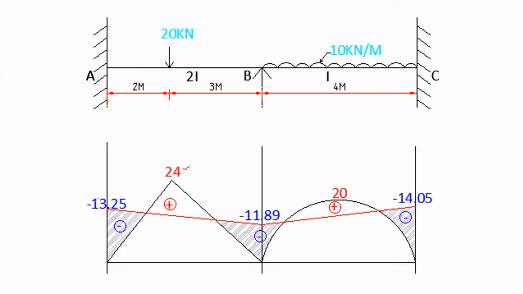The support moment or the hogging moment is what we were calculating using the three-moment theorem, and we have gotten MA is negative 13.25, come and plot it here. MB is negative 11.89, plot it here, and MC is negative 14.05. So the sign convention again for hogging moment is negative, as shown here, and for sagging moment is positive.